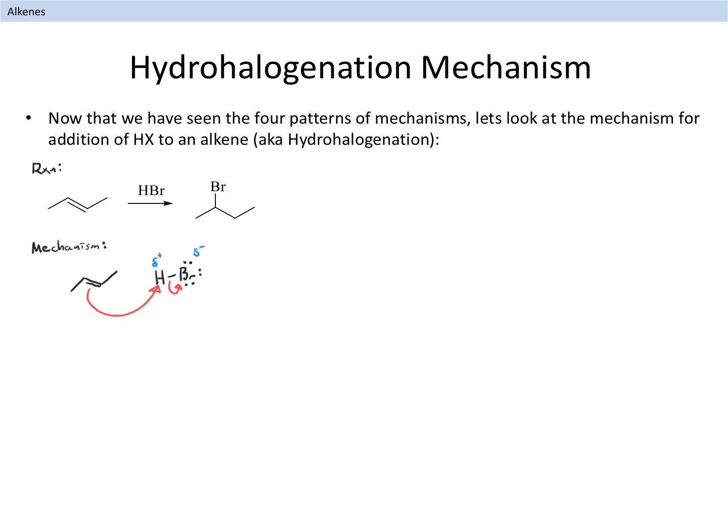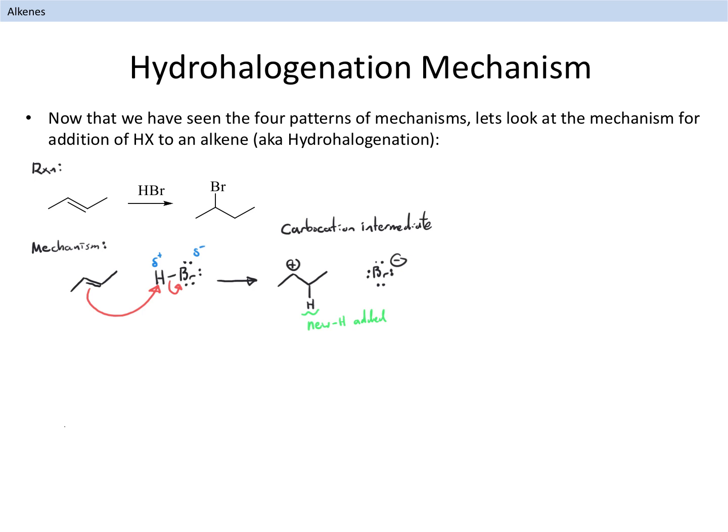We represent this with a curved arrow, starting from the double bond, the tail, and pointing to the hydrogen atom, the head, in HBr. This results in the protonation of the double bond, forming a carbocation intermediate.